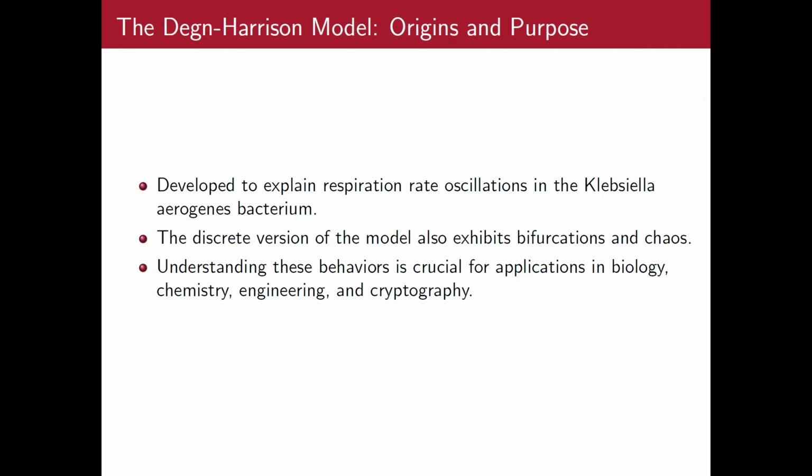This bacterium exhibits periodic fluctuations in its respiration rate under specific conditions, which is what the model aims to capture. Over time, researchers realized that the discrete version of this model not only applied to biological oscillations but also exhibits complex dynamical behavior such as bifurcation and chaos.